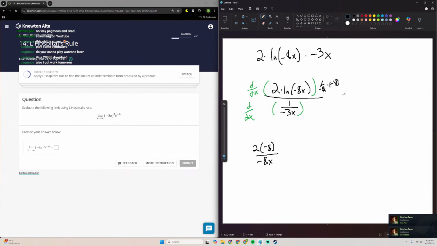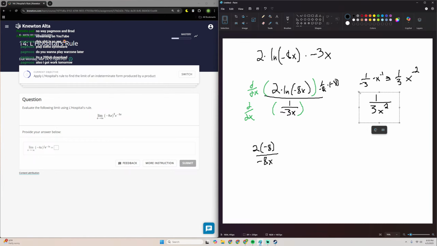And then negative 1 over 3. Split this 1, negative 3 times x, negative 1. Oh, is it already? Yeah, it's negative 3. Okay, so this becomes positive. Wow, first time I had that. This turns into 1 over 3 positive x, negative 2, which just turns into 1 over 3x squared.